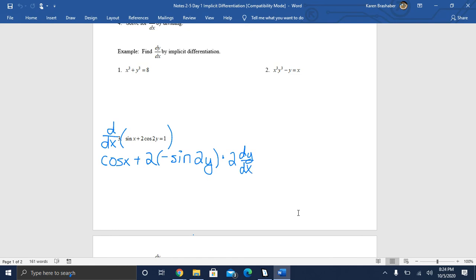And then on the other side of the equal sign, the derivative of the constant 1, which would be 0.